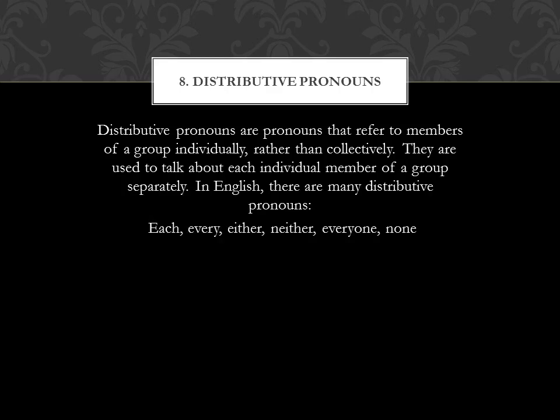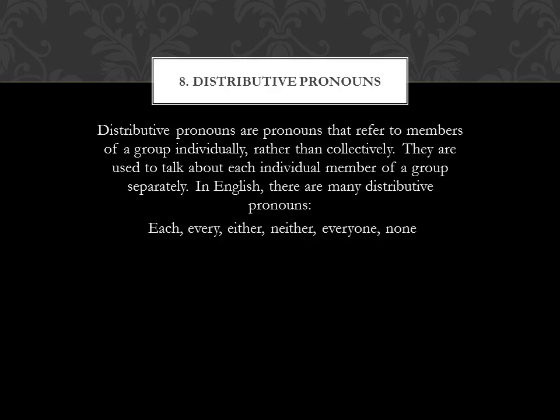For example, if we talk about a group of games, each game has its own significance. So I'm talking about each, which is distributing every game present in the group of games.